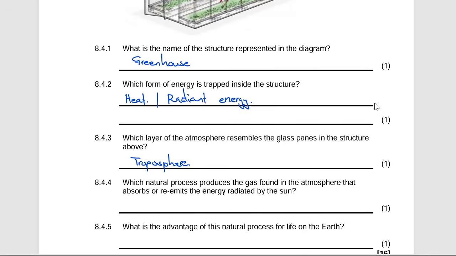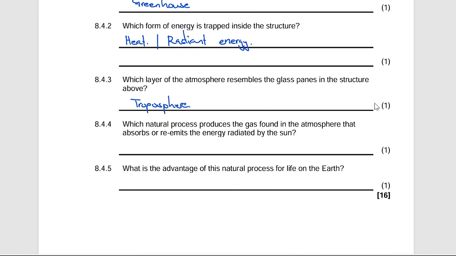Then 8.4.4 says which natural process produces the gas found in the atmosphere that absorbs or re-emits energy radiated by the sun. So that's our 8.4.4. It's going to be the greenhouse effect, right?